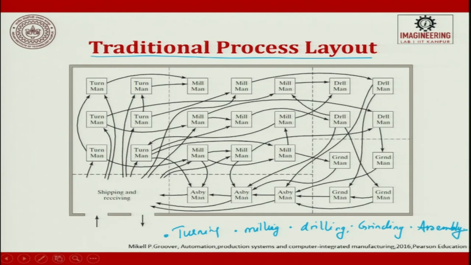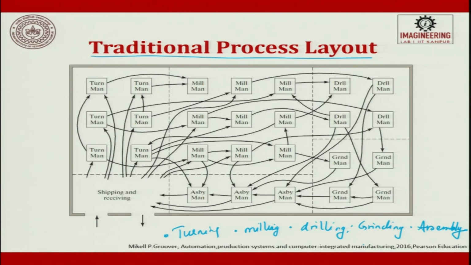Correct? Turning, milling, drilling, grinding and assembly, all are there, right. Now in this, the part flows from turning to milling, milling to drilling, drilling to grinding, and then it comes to assembly and then goes out. So, here if you see, the machines are grouped based upon the similarity in the manufacturing process.